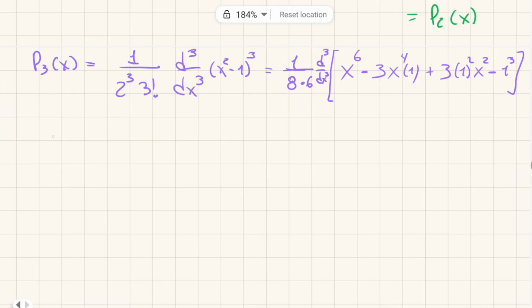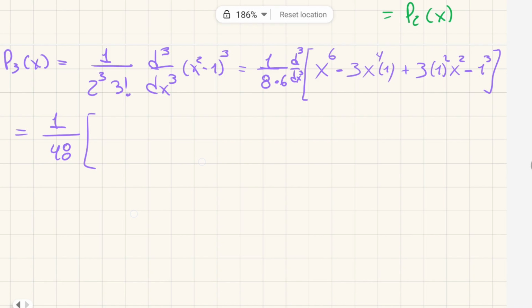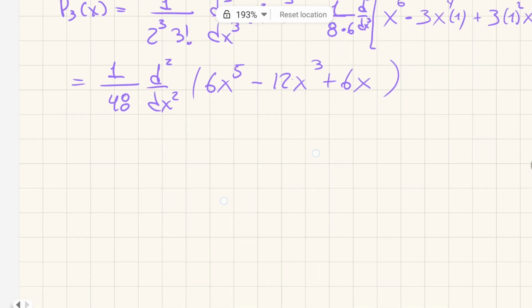Okay, so I think this is going to be 1 divided by 48, and then let's take the first derivative. So that is the derivative with respect to x 2 times of 6x to the 5th power minus 12x to the 3rd power and then plus 6x, like this.